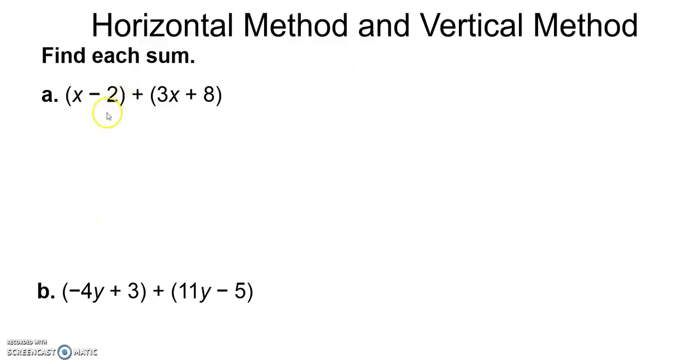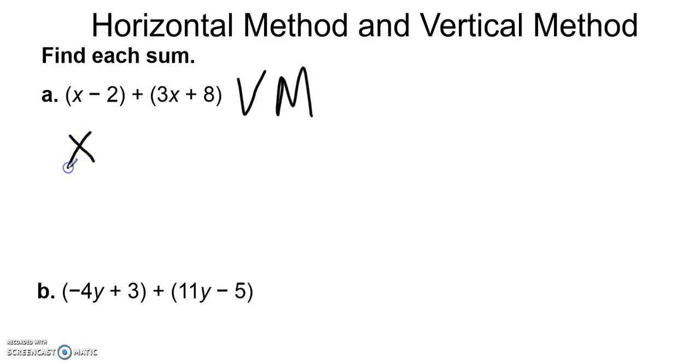I think I'm going to do the vertical method for A, and then I'll do the horizontal method for B. So for A, vertical method, that's what I'm using.